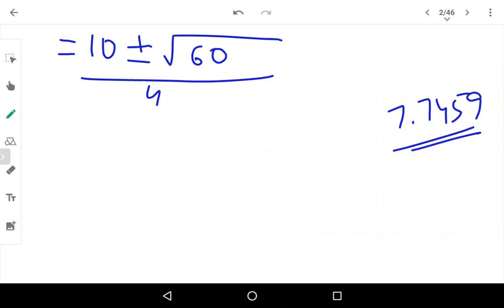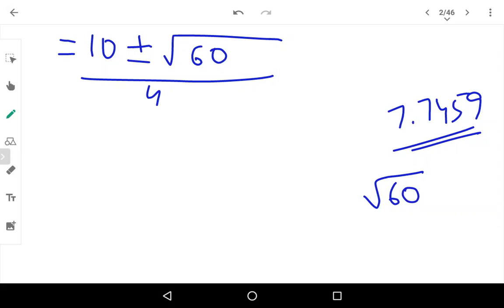You get in points. We want to keep the numbers in whole number, or we will take it in a rational format. So what we will do here is convert this square root of 60 into a different form. A little part of factorization will come here.